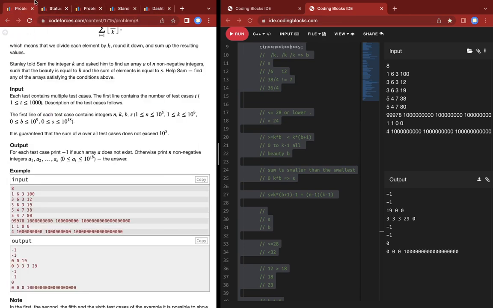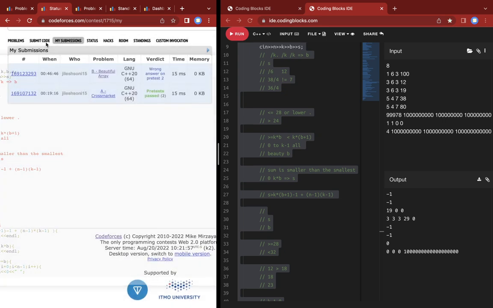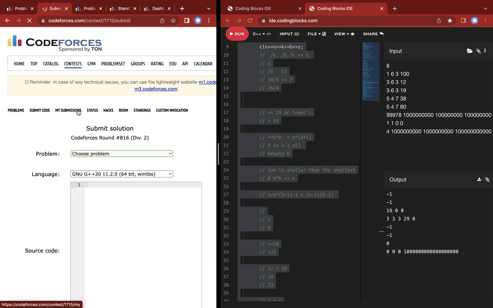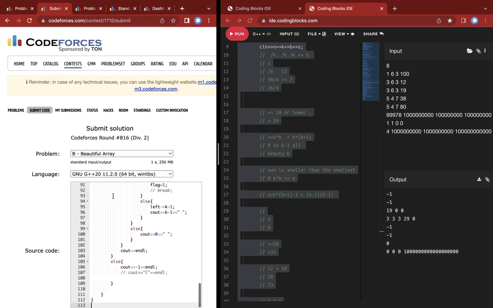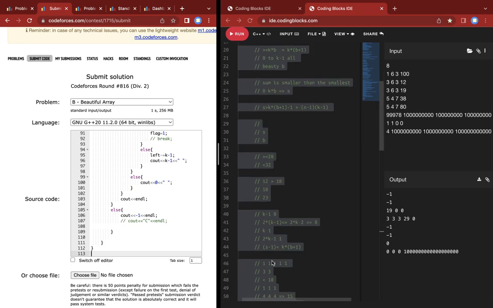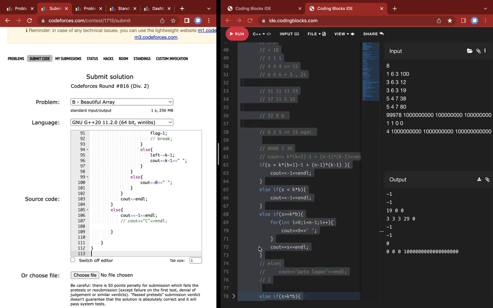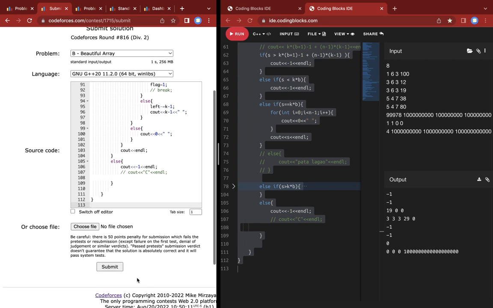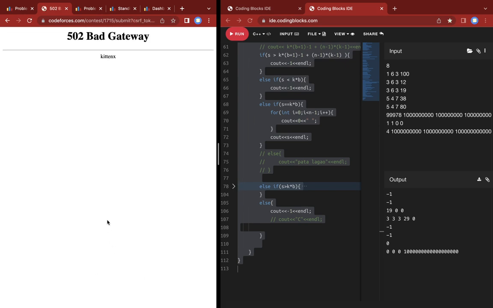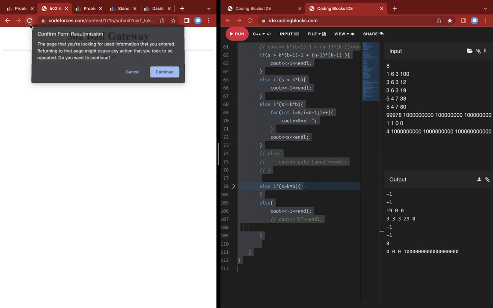Let me make sure that the answer is right. Please let this be the error. So this was going in an else block because s divided by k is actually smaller than it could be, because if k is not divisible.